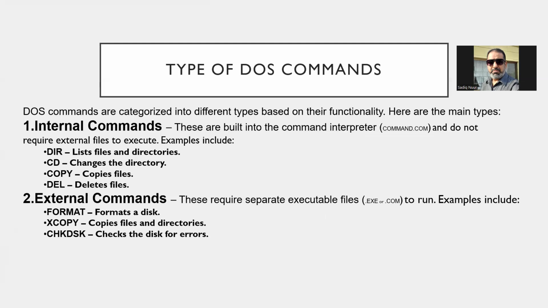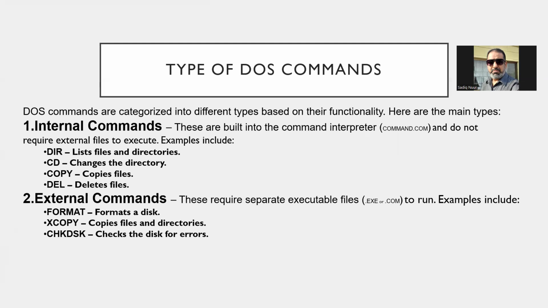So what are the types of DOS commands? DOS commands are categorized into different types based on their functionality. Here are the main types: internal commands and external commands. Internal commands are built into the command interpreter, which is command.com, and do not require an external file to execute.